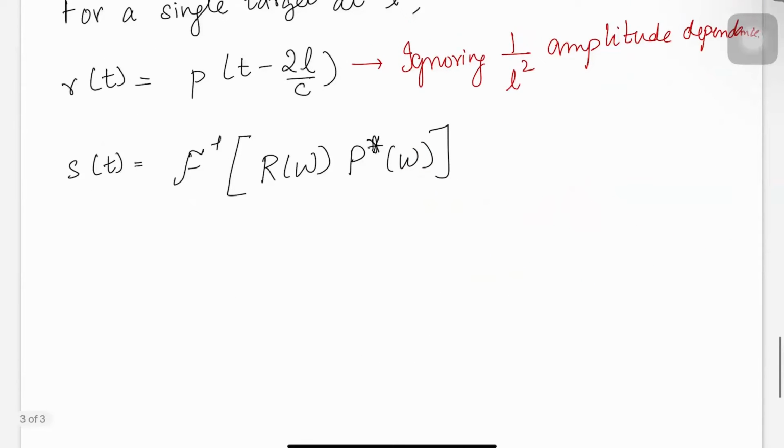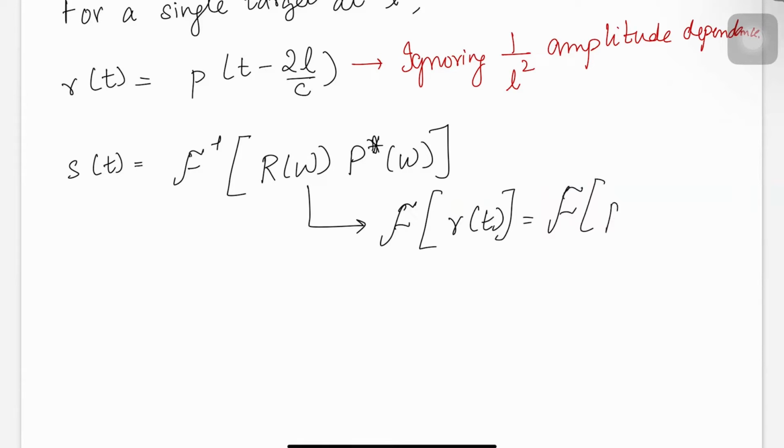Now we know what R of omega is. It is the Fourier transform of r of t, which is equal to the Fourier transform of p of t minus 2L over c.